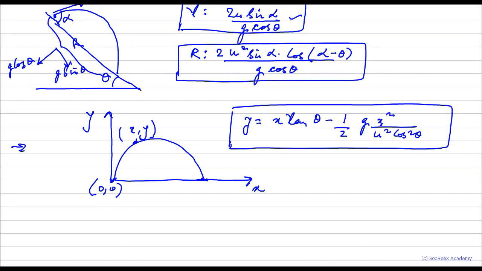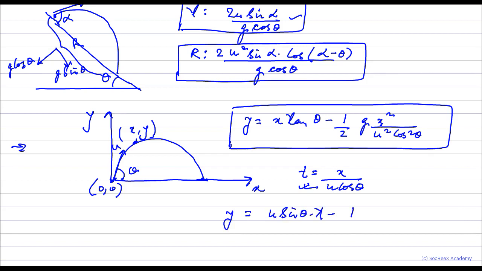This can easily be obtained by replacing t equals x by u cos theta, where theta is the initial angle of projection and u is the initial velocity of projection, in the expression y equals u sine theta into t minus half into g into t squared.